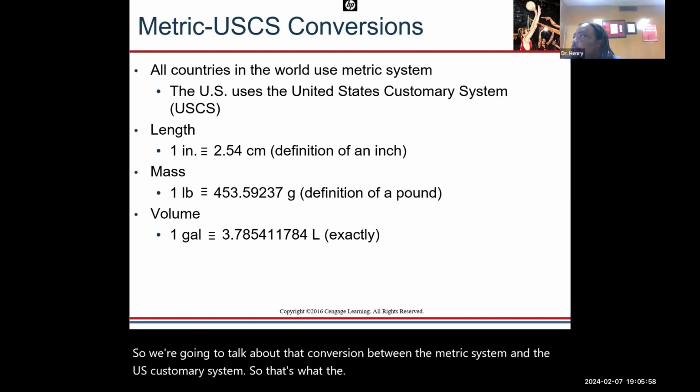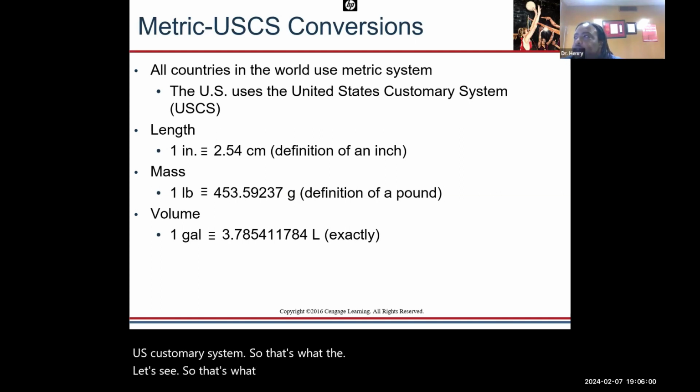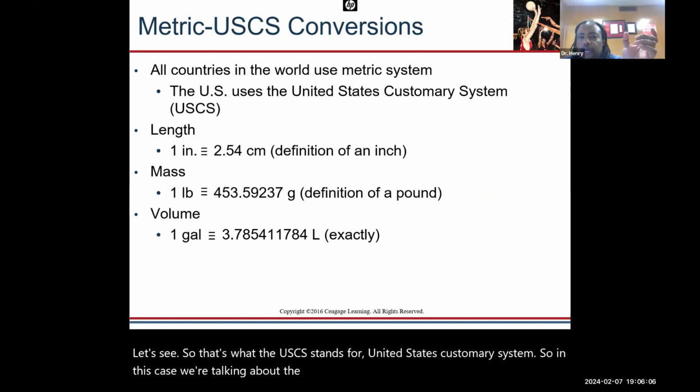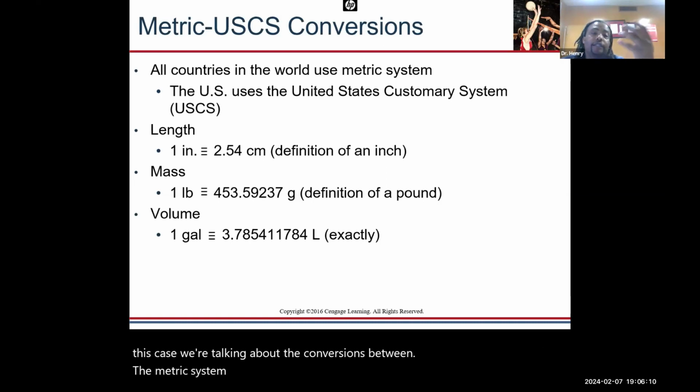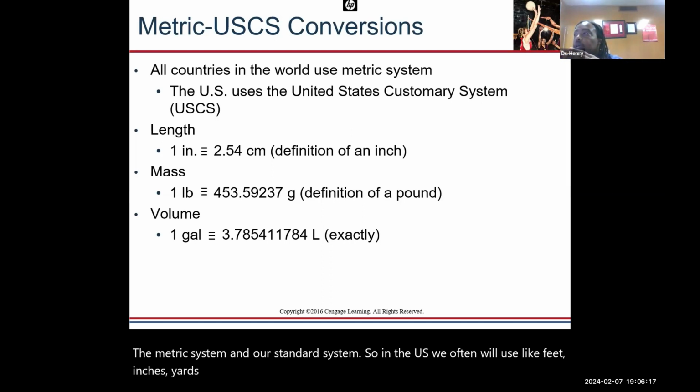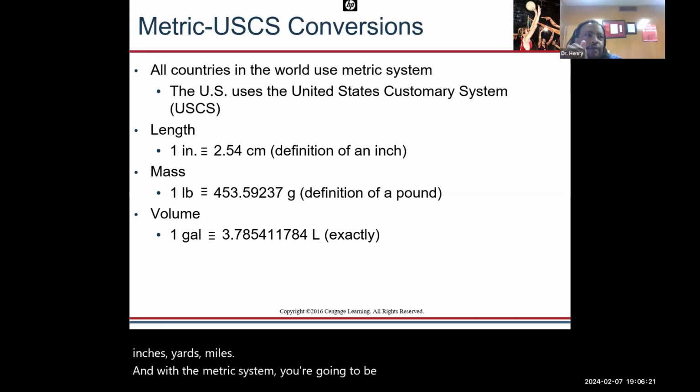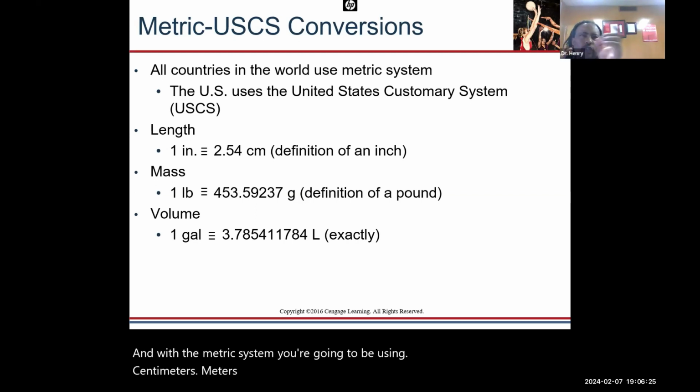That's what the USCS stands for, United States Customary System. In the US, we often use feet, inches, yards, miles, and with the metric system, you're going to be using centimeters, meters, kilometers for length. And so we need to be able to get those conversions.